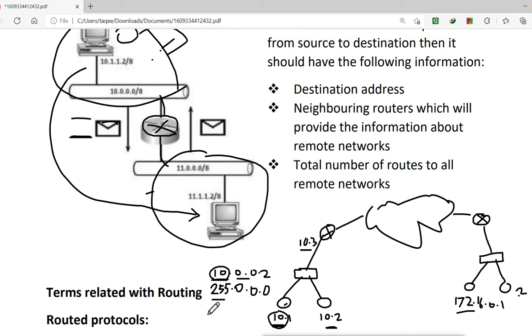When I try to ping 172.16.0.1, this machine sees that my network is 10.